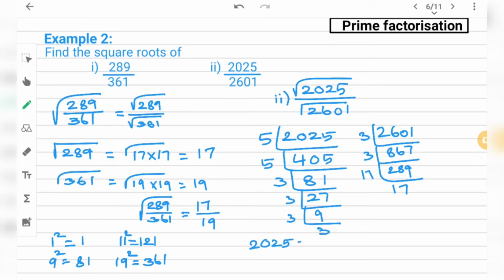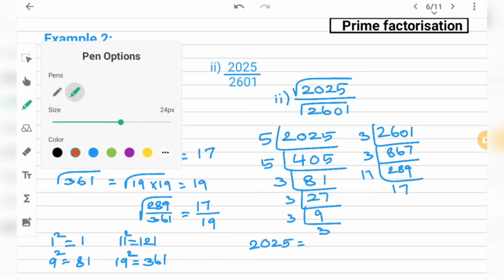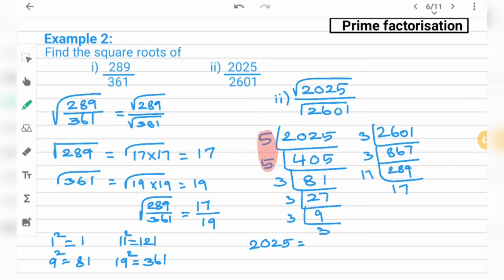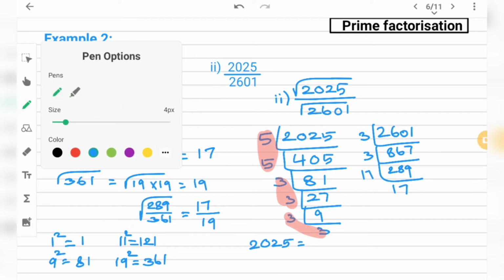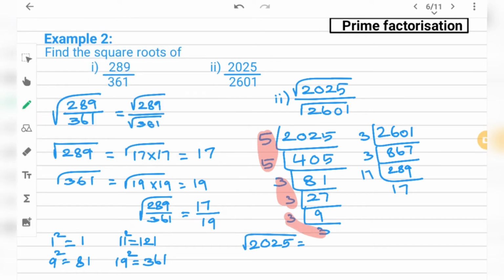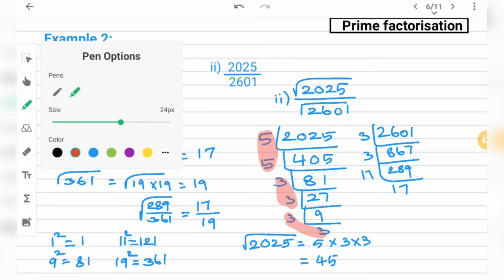Therefore, 2025 can be written as, shall I make a pair here itself? These two are the pair, these two are the pair, and these two are the pair. So shall I pick one number from here? So root of 2025 is 5 into 3 into 3. That is 3 3s are 9, 9 5s are 45. And here also I am going to pick a pair over here.